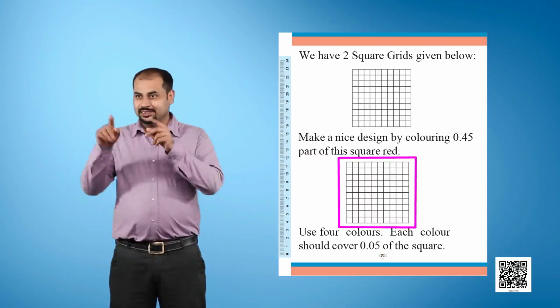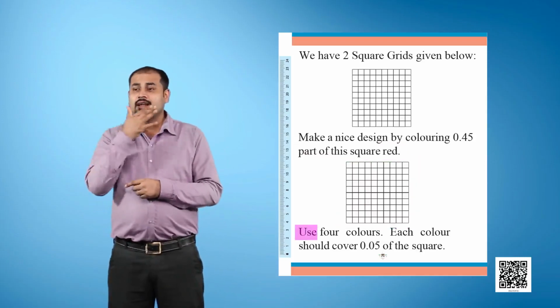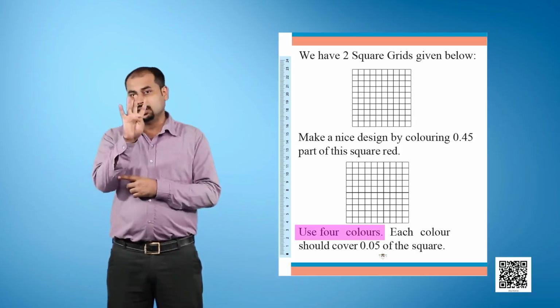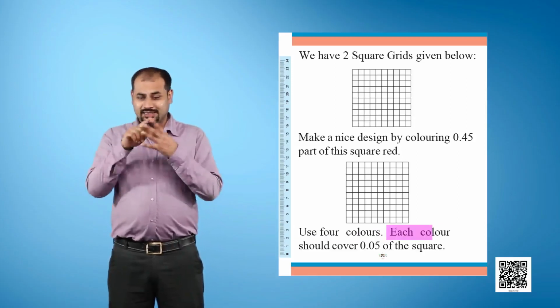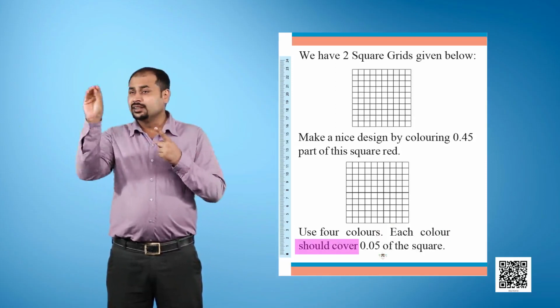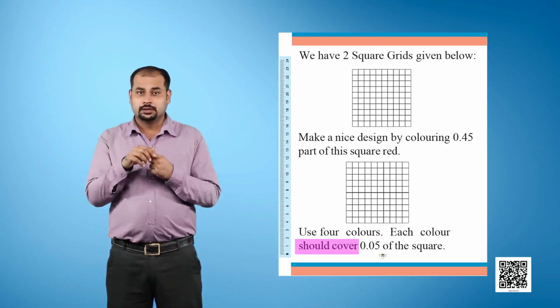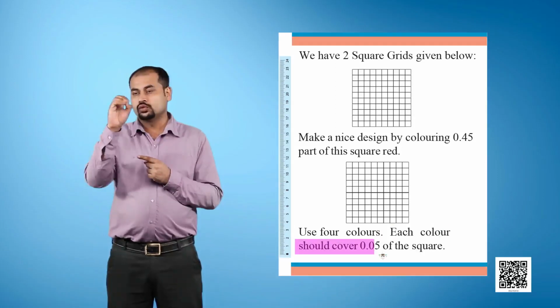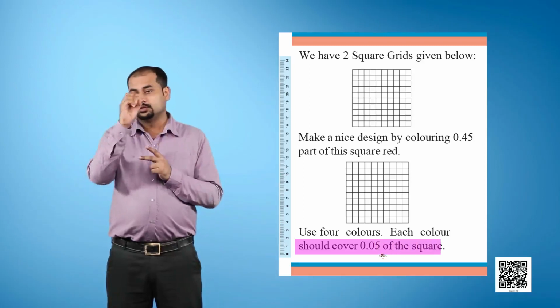Under the second grid is written, use 4 colors. Each color should cover 0.05 of this square.